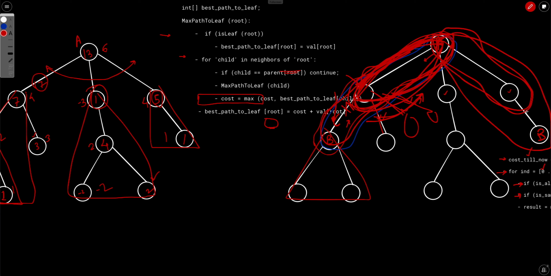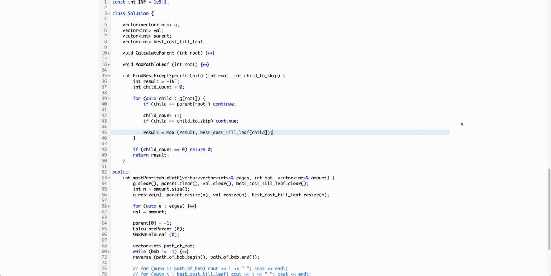Once you consider this path as common, you can't actually take any other child except this one, and you already know that you can't take it, right? So for this case where you don't have any other child, you don't have to return 0, because 0 is a larger value. Here the nodes are negative as well, so you have to return a very small value, or minus infinity. That's where I have kept the child count. If the remaining child count is 0, we just return the value 0.